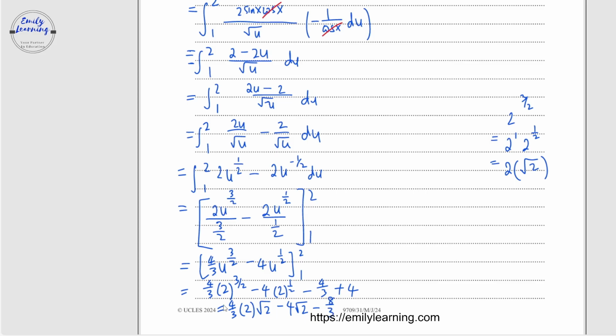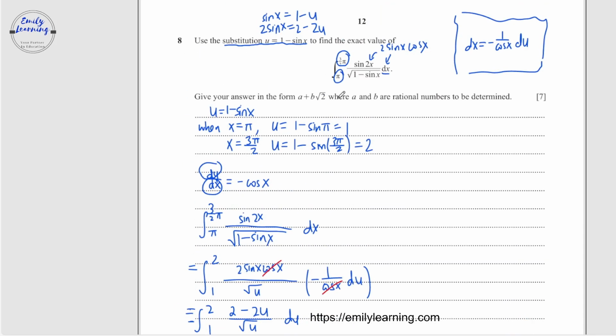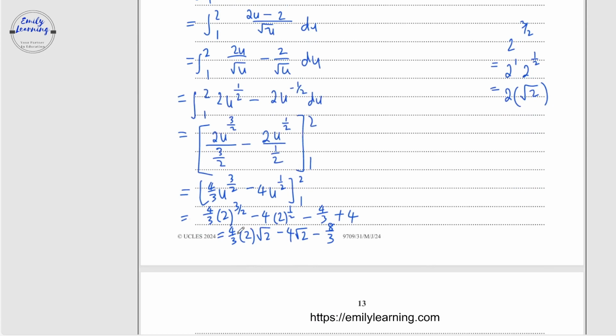Okay. So now, the reason why I write this in terms of root 2 is because they want it in this form, a plus b root 2. So now I have 4 over 3, 2 root 2 minus 4 root 2, okay, minus 8 over 3, right? I want to simplify this. So I'll factorize out the root 2.